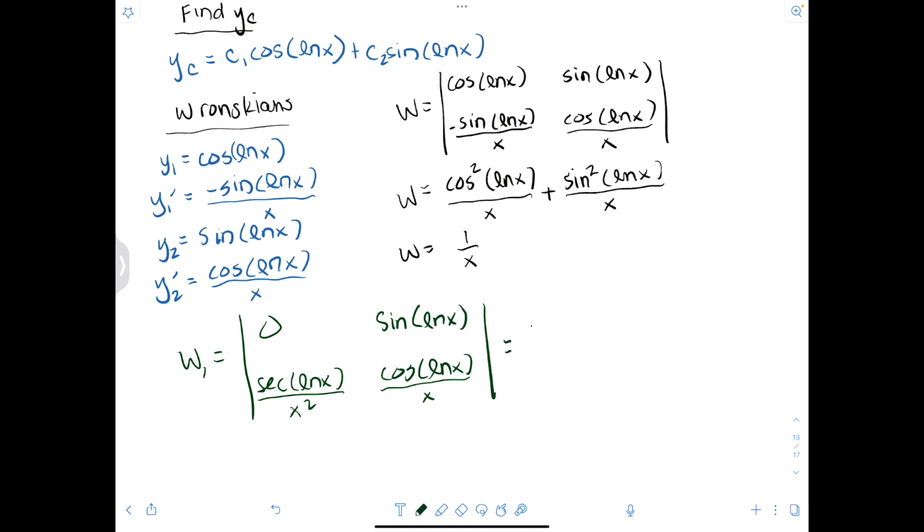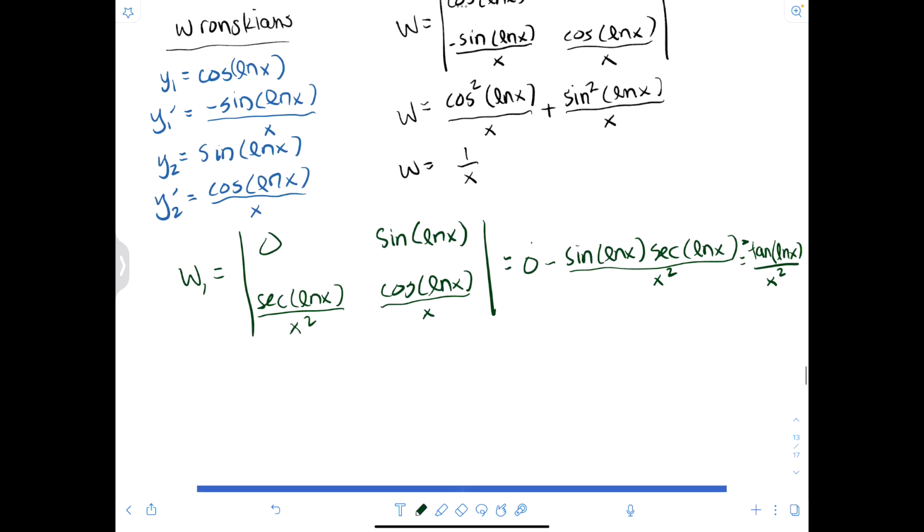So that's going to equal 0 minus sine of natural log of x times secant of natural log of x over x squared. And that is just negative tangent of natural log of x over x squared, because that's sine over cosine.